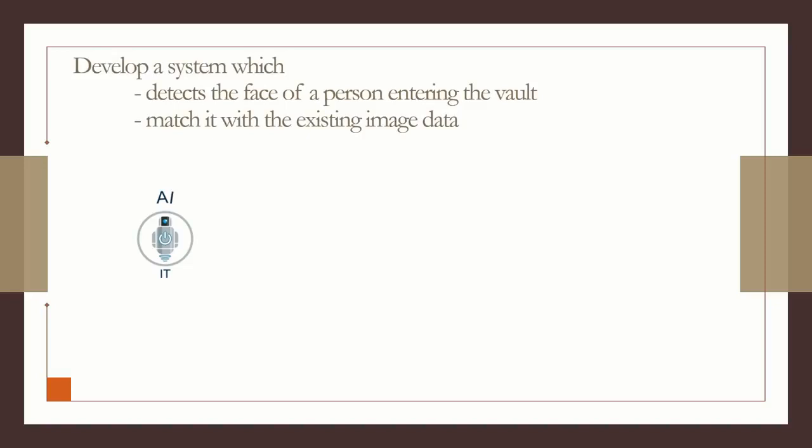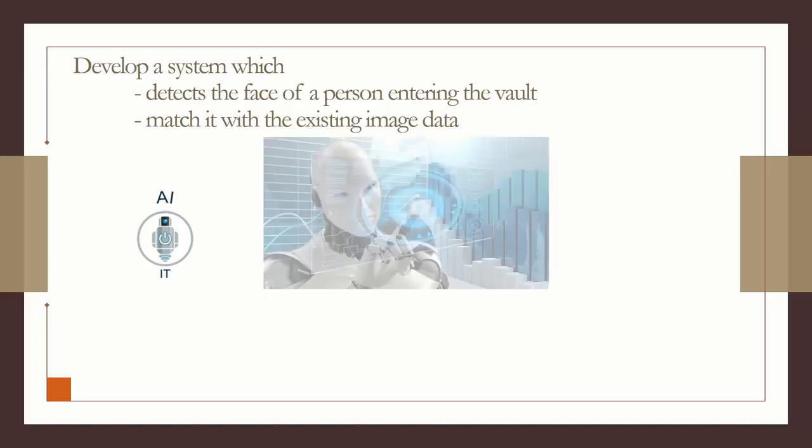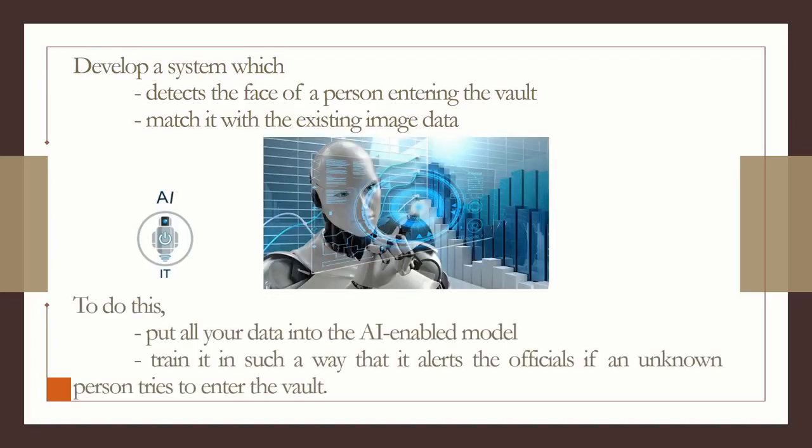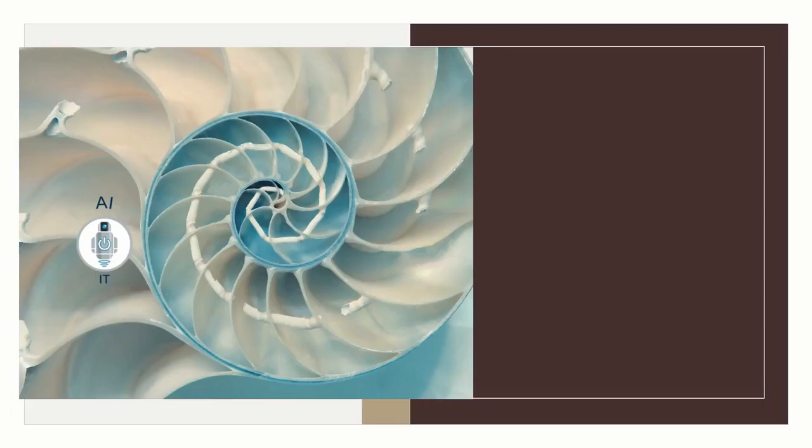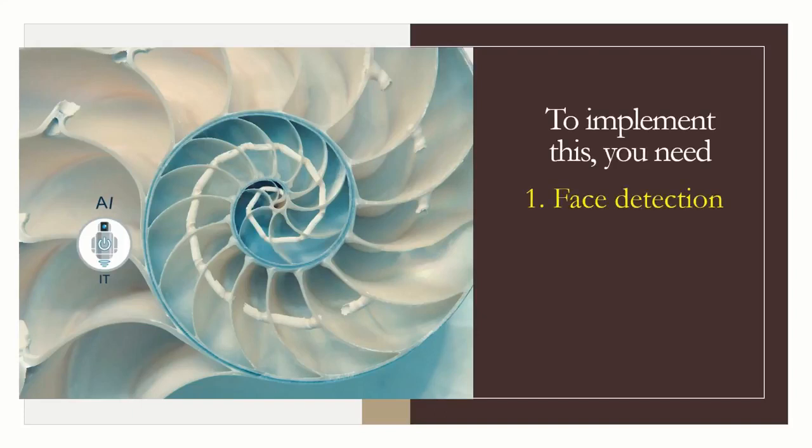Now once the data is explored, we need to develop a system which detects the face of the person who enters the vault, and matches it with the database that we already have. To do this, we need to put all the data into the AI enabled model and train it in such a way that it alerts the officials if an unknown person tries to enter the vault. In order to implement this, we need face detection.